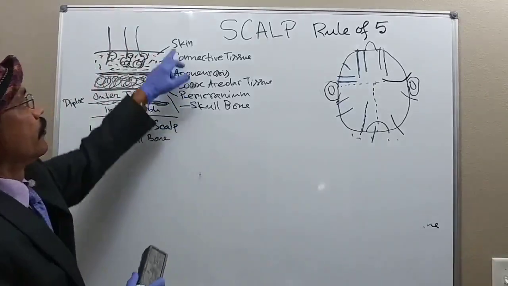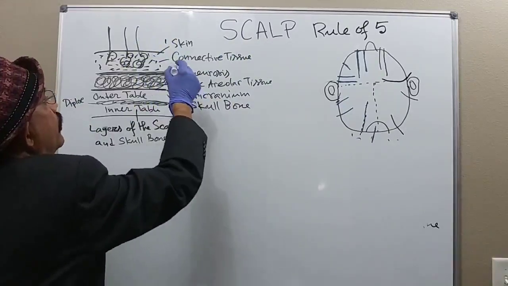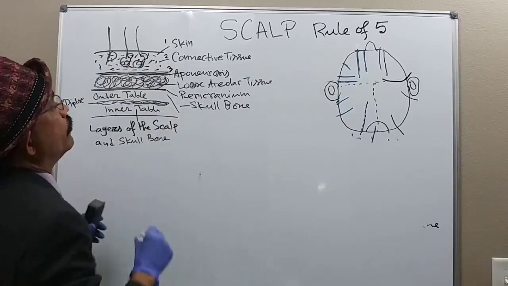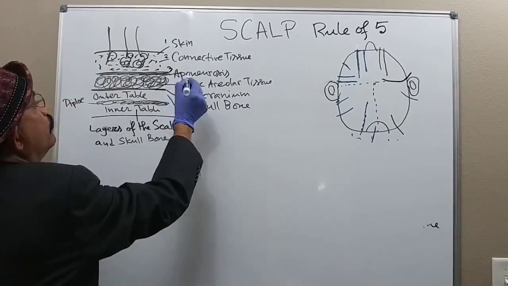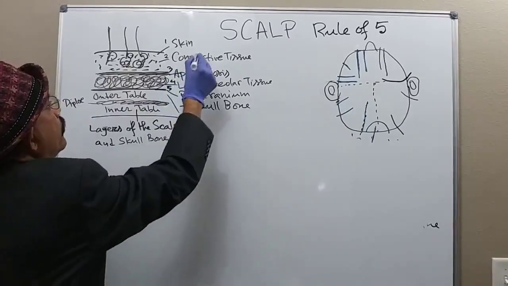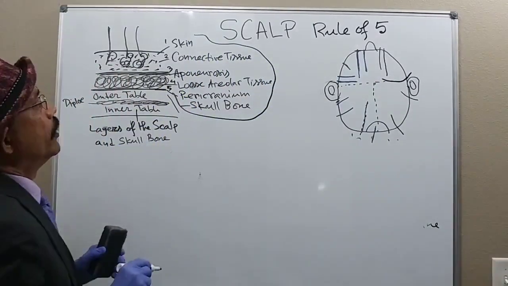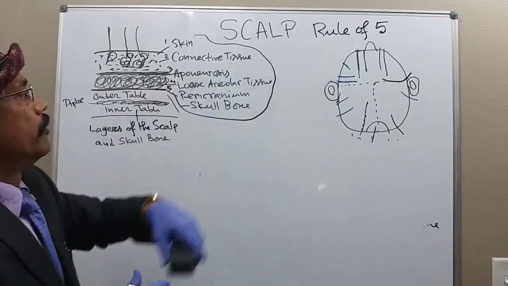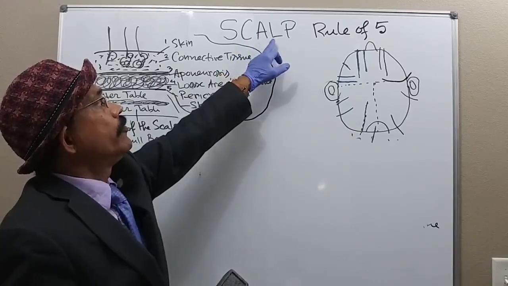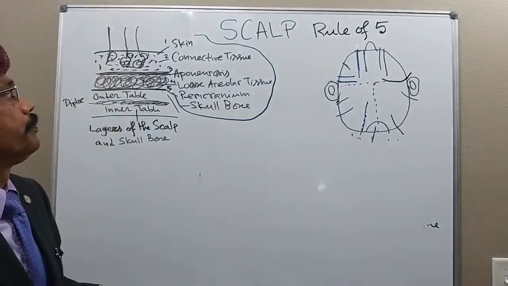C is connective tissue. Then we got aponeurosis. Then we got loose areolar tissue. Then we got the pericranium. So these 5 layers are the layers of the scalp. Again: skin, connective tissue, aponeurosis, loose areolar tissue, and the pericranium.